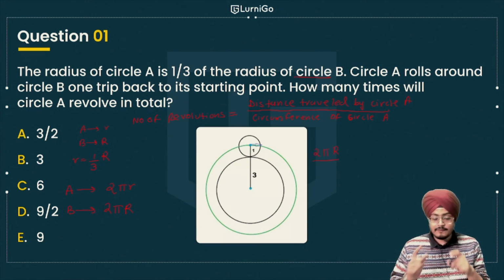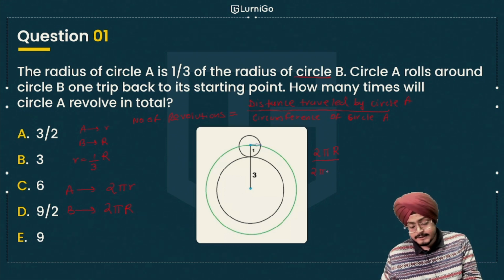And the circumference of circle A is 2 pi small r.